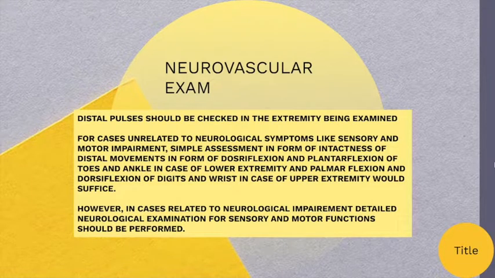Then we have to perform the neurovascular examination. Here we have to palpate for the distal pulses, and for cases unrelated to neurological symptoms, simple assessment in form of the intactness of distal movements like ankle and toe dorsiflexion and plantar flexion and the sensory function would suffice in case of lower extremity, and in case of upper extremity the dorsiflexion and palmar flexion of digits and wrist would be helpful.